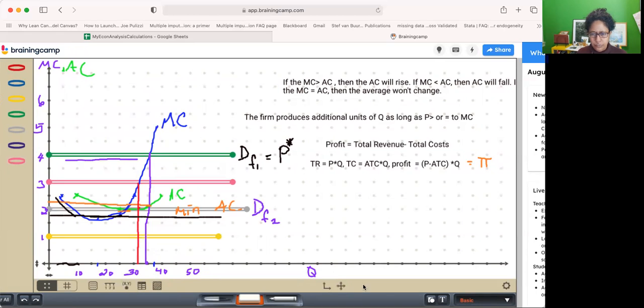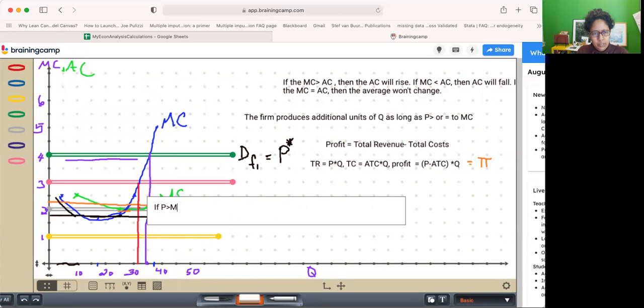Okay, so just to make sure: if price is greater than MC, but price is less than average variable cost, in the short run, firms will not produce. Remember, the average variable cost is the cost of actually producing the product. So if you think of a restaurant owner who has to buy the food to cook, if they can't charge enough to cover the cost of the ingredients, including whoever has to cook it, if they need many cooks to cook a lot of food, they should really not be operating.